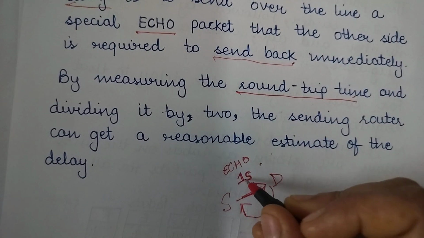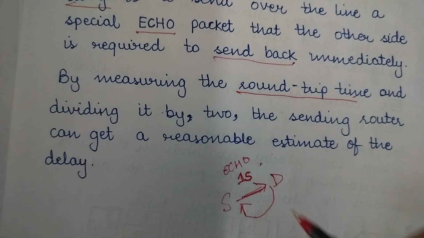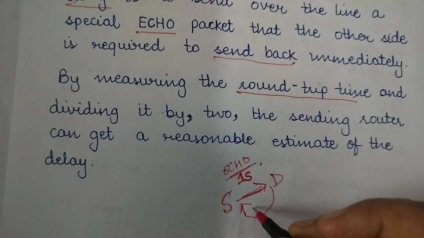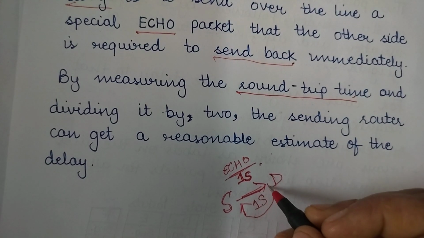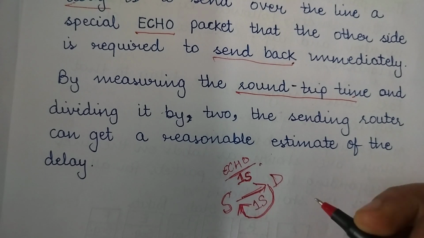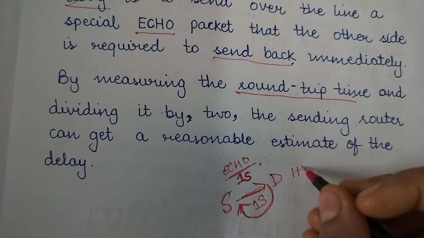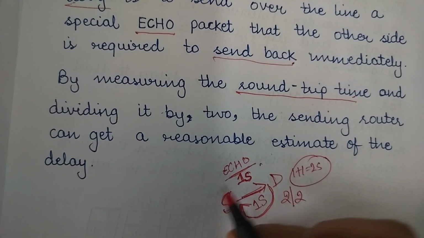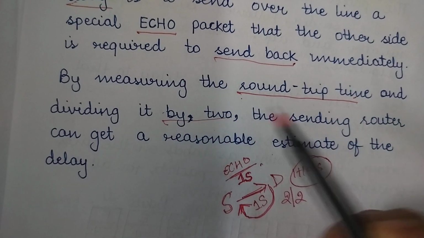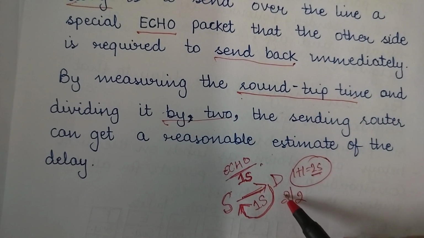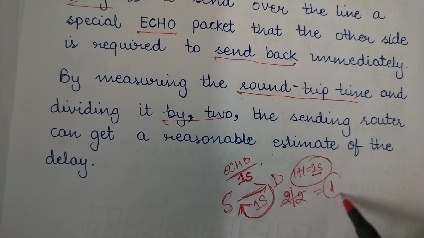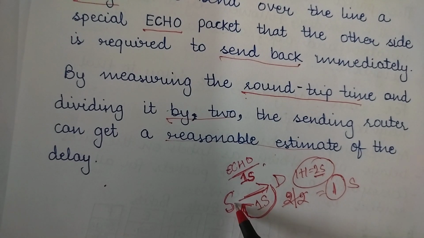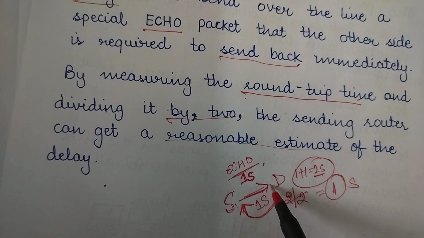So if 1 second is taken to send the echo packet from source router to destination router, and then again 1 second is taken in transmitting that echo packet back to the source, that means the total round trip time is 1 plus 1, which equals 2 seconds. So you divide 2 by 2. Basically you divide the round trip time by 2. So here if the round trip time is 2 seconds, you divide 2 by 2, and you get 1 second, which is a reasonable estimate of the delay from this particular router to this particular neighboring router.